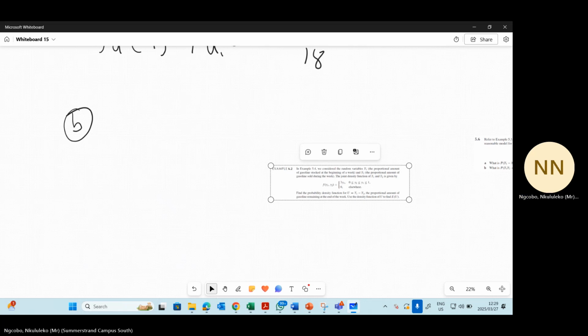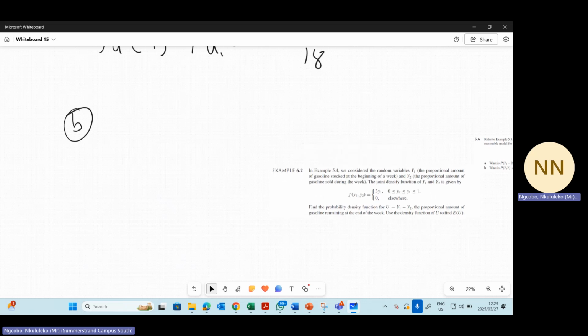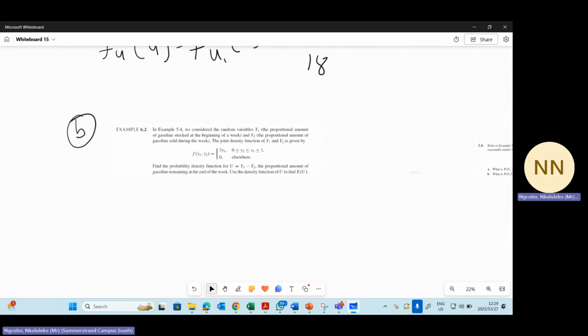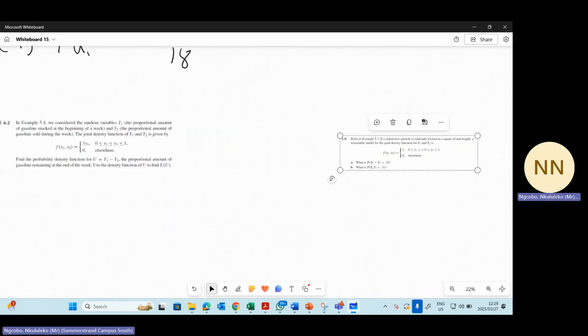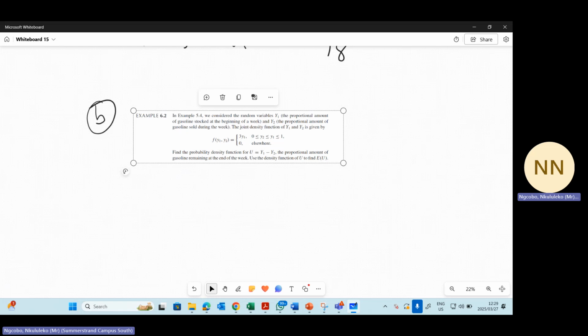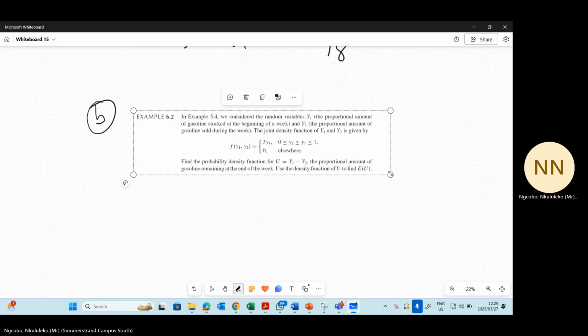Right. Let's look at this example now. Example 6.2. We'll come back to this one. Just put it there. Let's look at this one now.